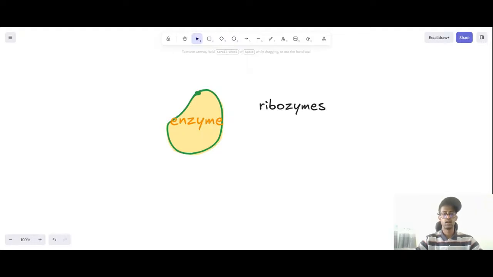And activation energy. Enzymes work by lowering the activation energy required to reach the transition state, allowing reactions to occur faster. How do enzymes increase the rate of chemical reaction? They lower the activation energy required to reach the transition state, allowing reactions to occur faster.